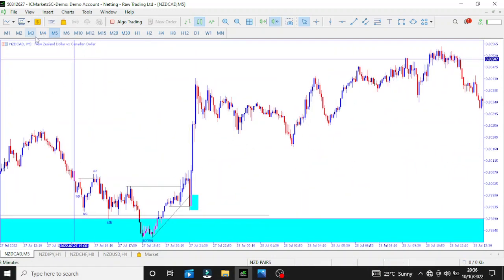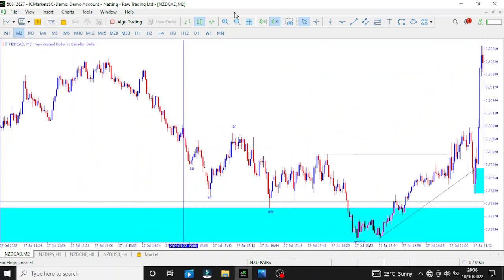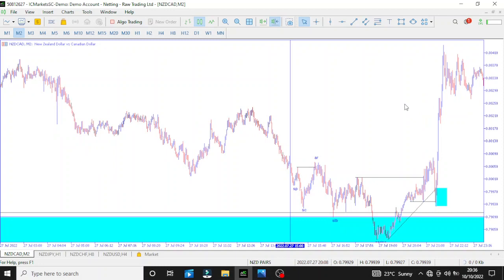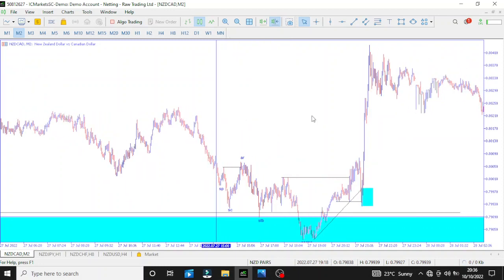You see, and this is NZDCAD. The Canadian dollar is traded during New York session because Canada is in North America, if I'm not mistaken.